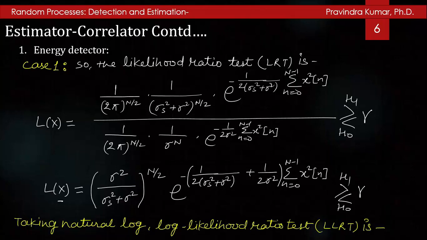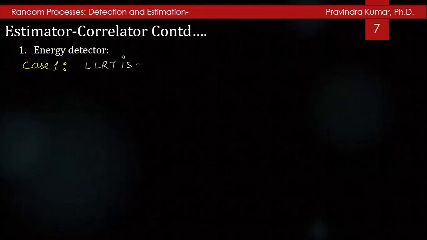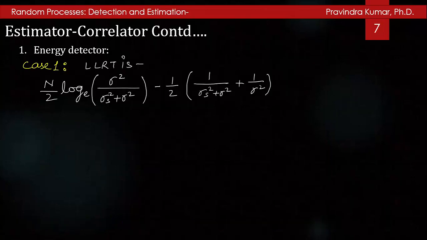Now taking the natural log likelihood ratio test, LLRT, it will be n by 2 log e sigma square by (sigma s square plus sigma square) minus 1 by 2 into (1 by sigma s square plus sigma square plus 1 by sigma square) summation n=0 to n minus 1 x square n.